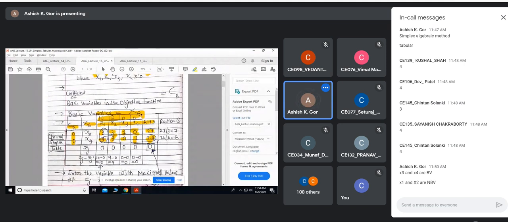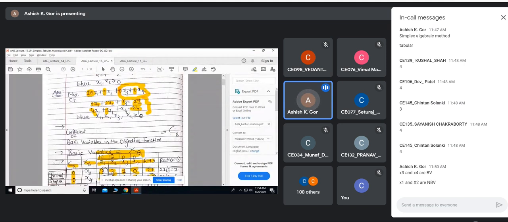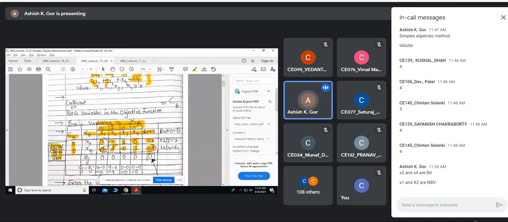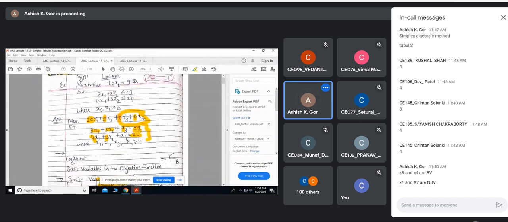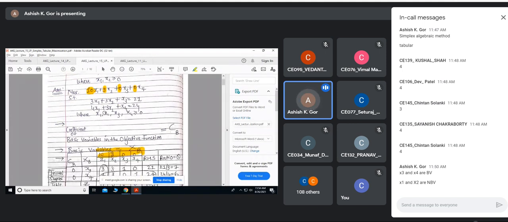So remember, this is how I prepare the initial table for a maximization type of problem. It is not for all problems. Suppose minimization is there. In the next lecture, we will see how to solve the minimization type of problem. There is a little modification required. Remember, I am talking about a maximization type of problem with less than or equal to type constraints, and all are non-negative.